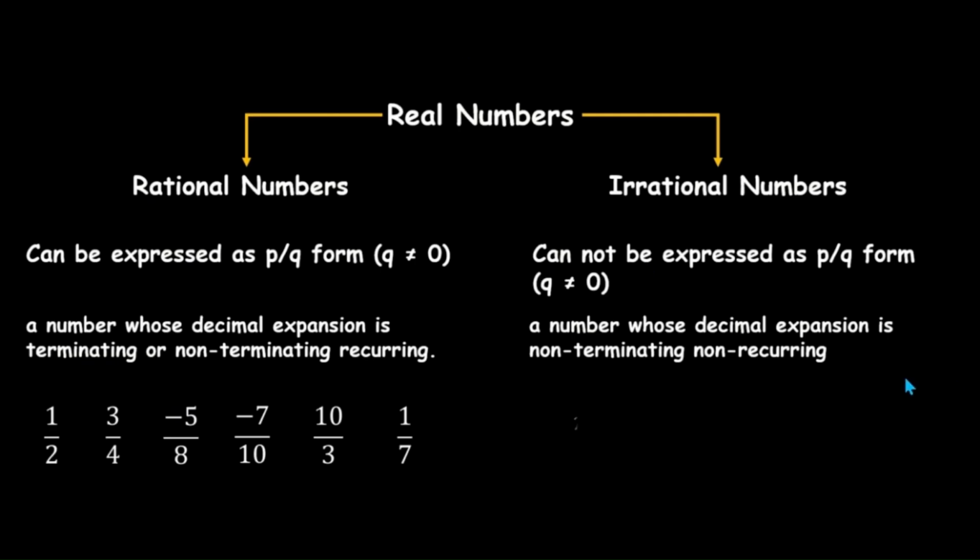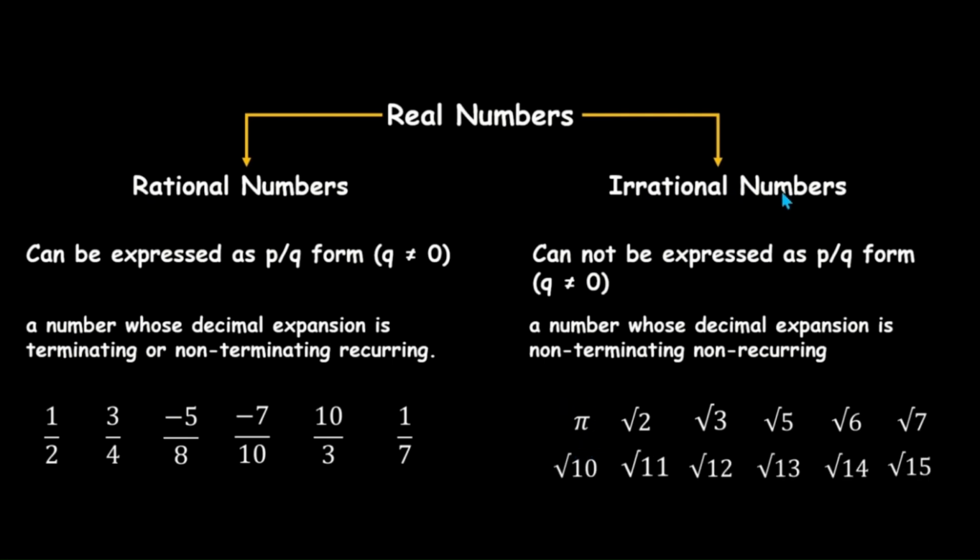And here are the examples of irrational numbers. Pi is the well-known and popular irrational number. And here are a few other examples. So usually pi is taken as 22 by 7. But 22 by 7 is only an approximate value of pi. It is not the actual value of pi, because pi is an irrational number and it cannot be expressed in p by q form.